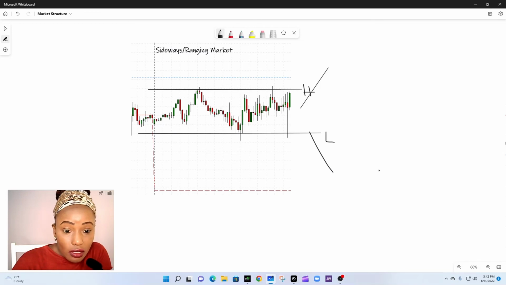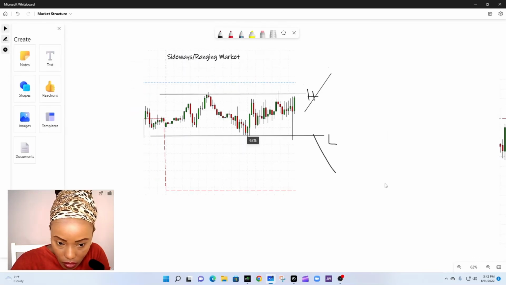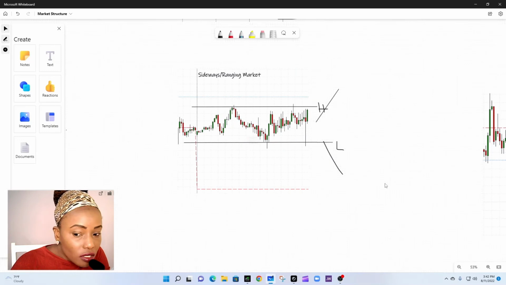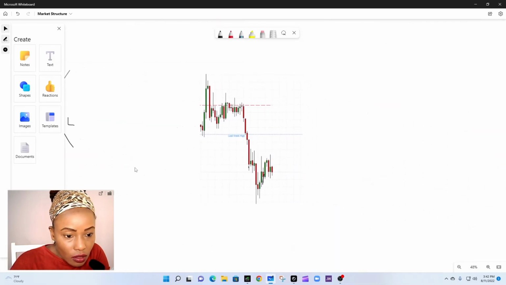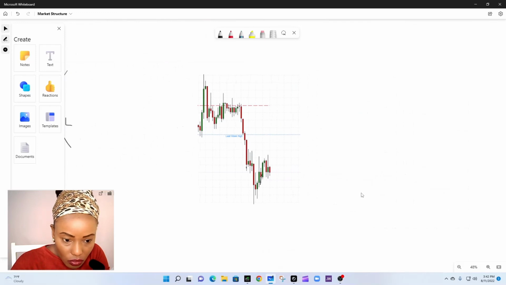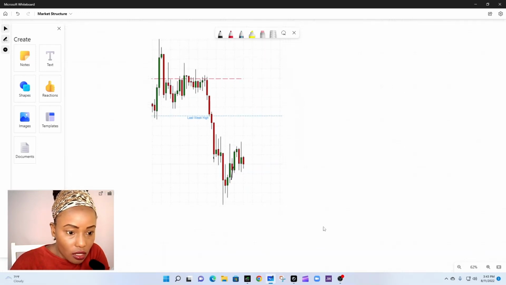So let me give you an example of a breakout structure. There's a breakout structure here. You open a chart, you find yourself in a sideways market, you draw your line and wait.